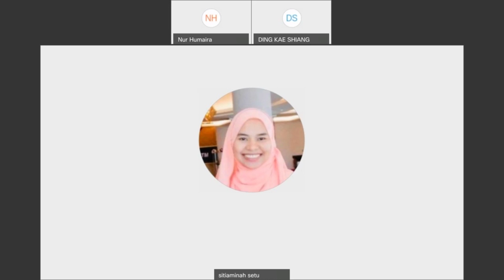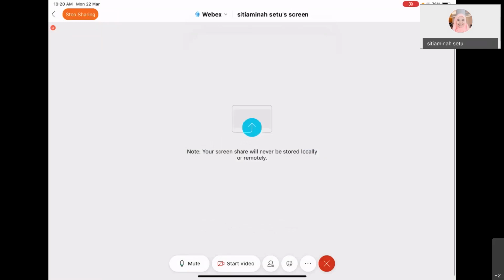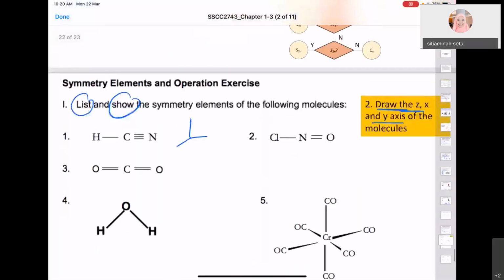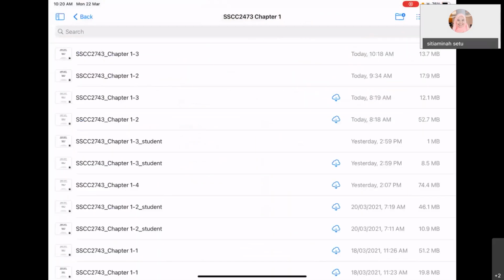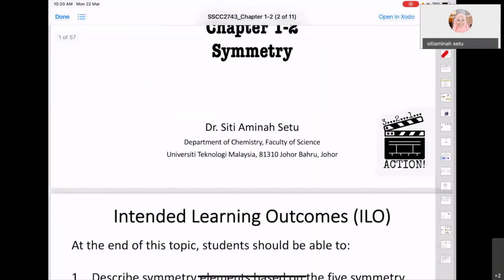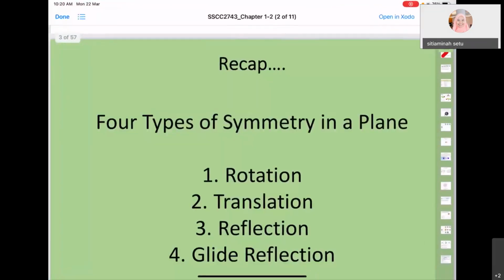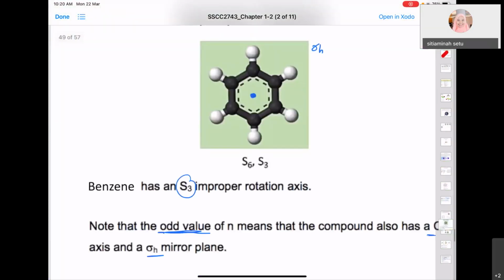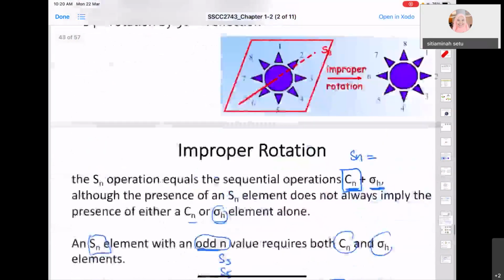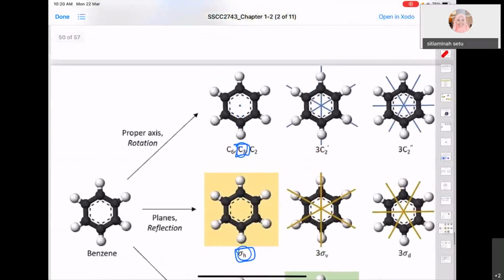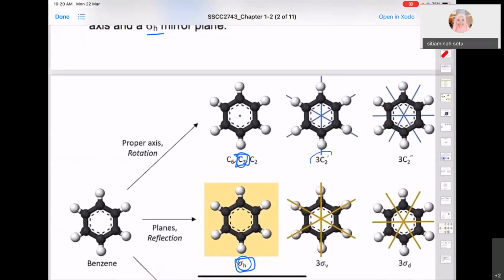Okay, sekejap saya share screen semula. Okay, contoh benzin. Sebab dia ada C2 prime dengan C2 double prime.